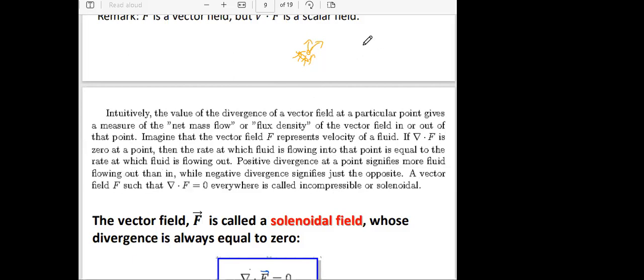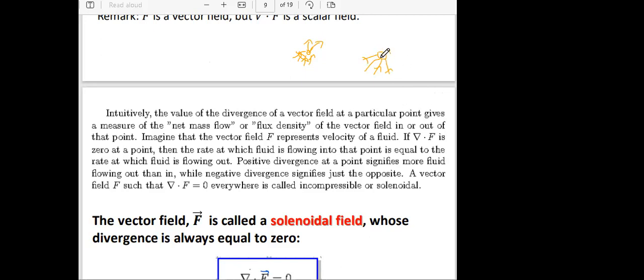Okay? So that is positive divergence. If you have a negative divergence, flowing in more than out, it is the other way around. If you have negative divergence at a certain point, the rate of flowing in is more than flowing out.